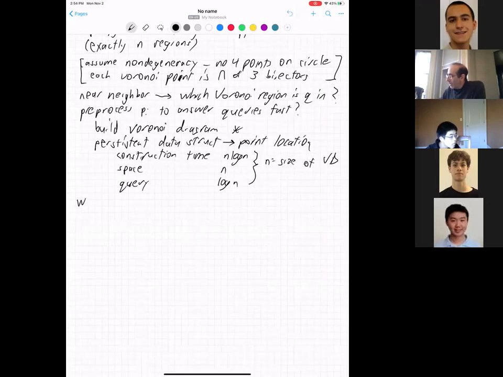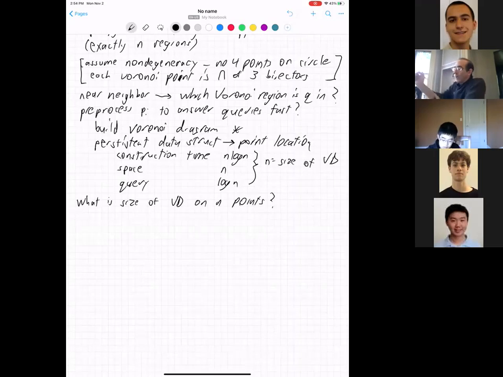What is the size of a Voronoi diagram on n endpoints? In order to answer that question about the point location data structure.